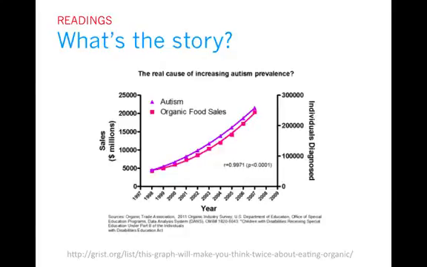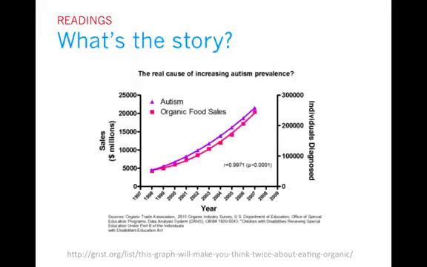The number of individuals diagnosed with autism is on the top, and on the bottom you have the sales data for organic food. And you see there's this little r, which is 0.997, which is the correlation, and it's very significant, less than 0.0001.